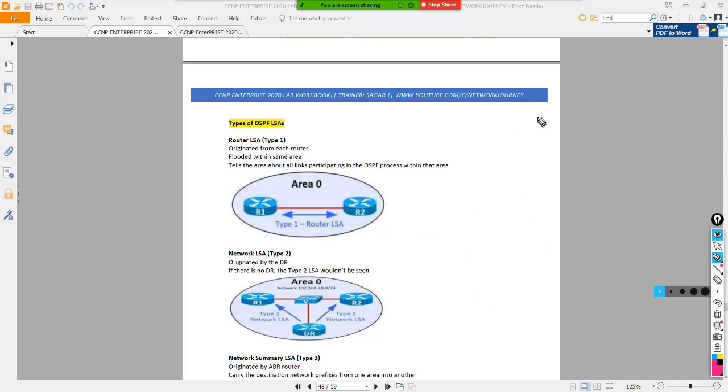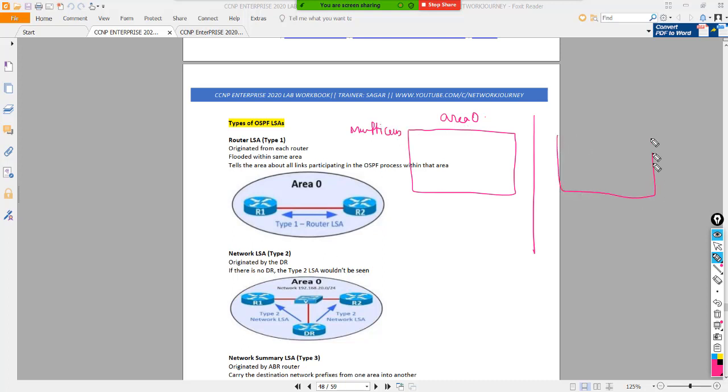So what I'm going to do is show you two topologies. Let's say I have one topology where I have area 0, and this is an example for multi-access. On the other side, I have area 0, but it's for point-to-point. Multi-access is nothing but broadcast, the first network type, and the second network type was point-to-point.